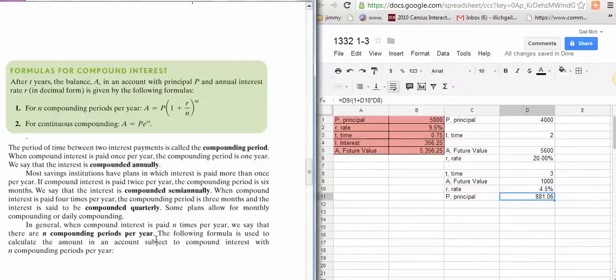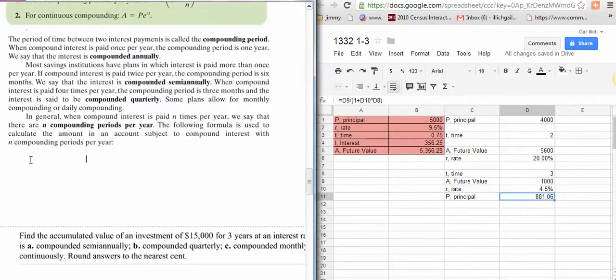Okay, let me just make some notes here, and I can just type them. Semi-annually is twice a year, so that means n is equal to 2.